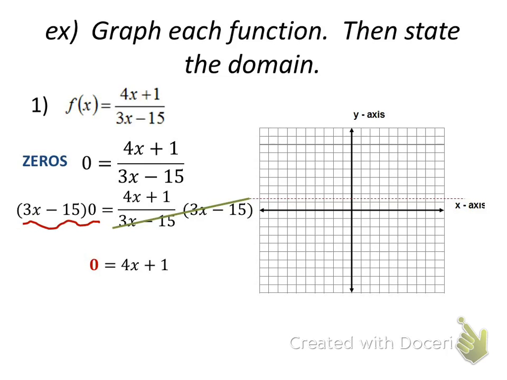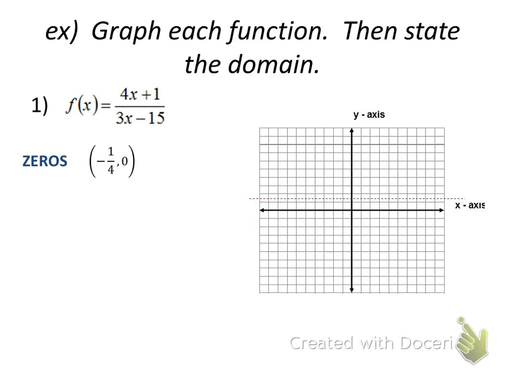So we're left with 0 equal to the numerator, 4x plus 1. So we're left with x equals negative 1/4. That means we get the x-intercept, negative 1/4, 0, which creates a point at negative 1/4, 0.